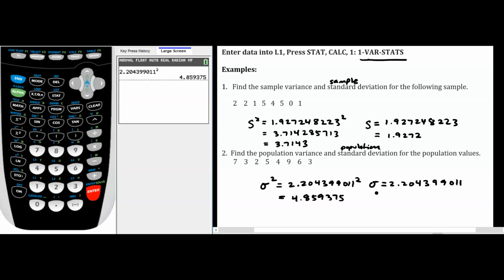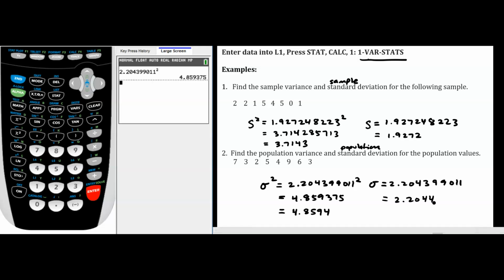And so, again, at this point, it's okay to round. And so we could say to 4 decimal places, this population variance would be 4.8594. Or to 4 decimal places, this population standard deviation would be 2.2044.